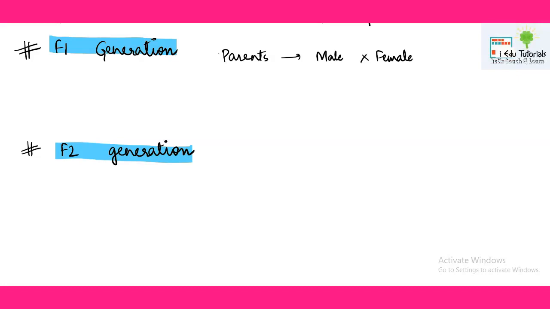They signify our parents and they produce offspring like us. So we offspring show the F1 generation, right? F stands for filial. That means if parents cross together, the offspring that are produced are known as the F1 generation. Now what is F2 generation?